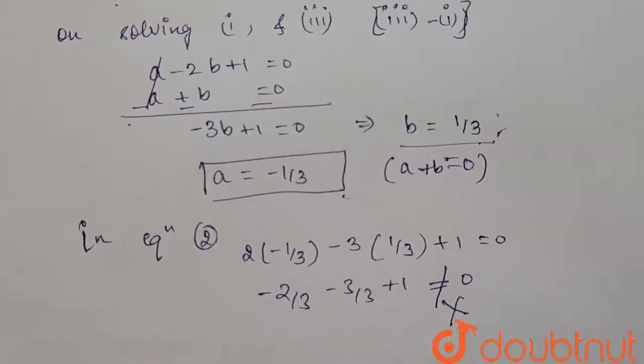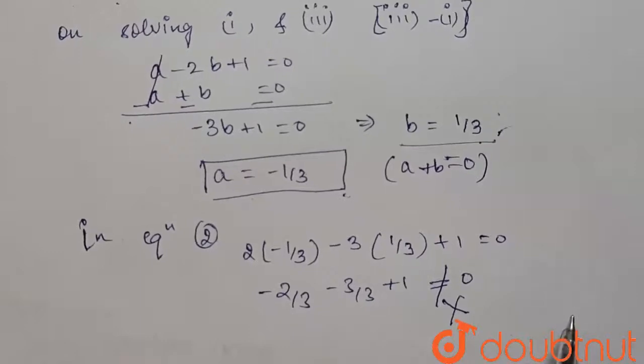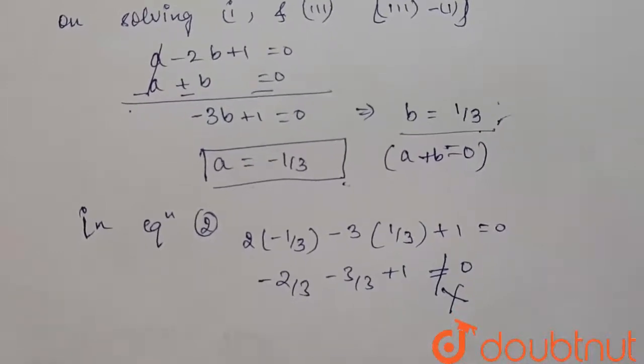Therefore, we do not have any values of a and b for which these three equations are simultaneously 0.